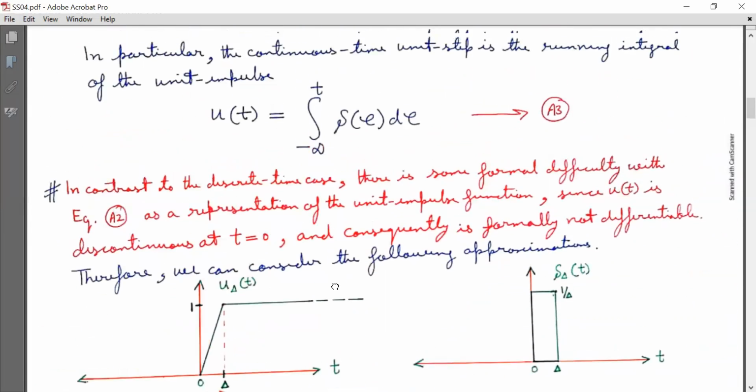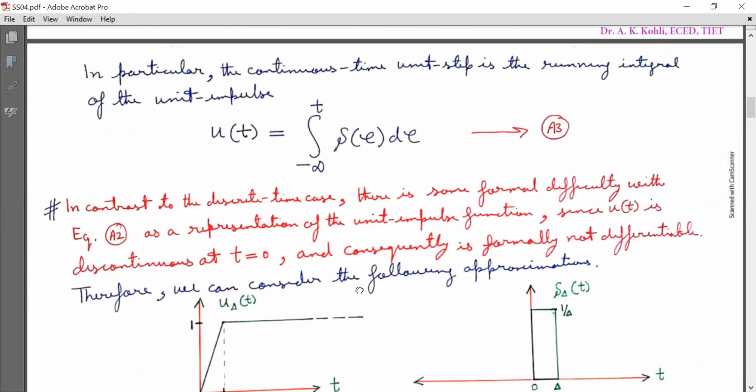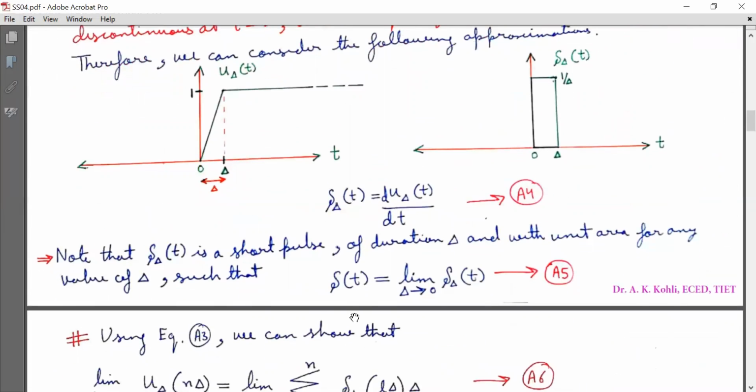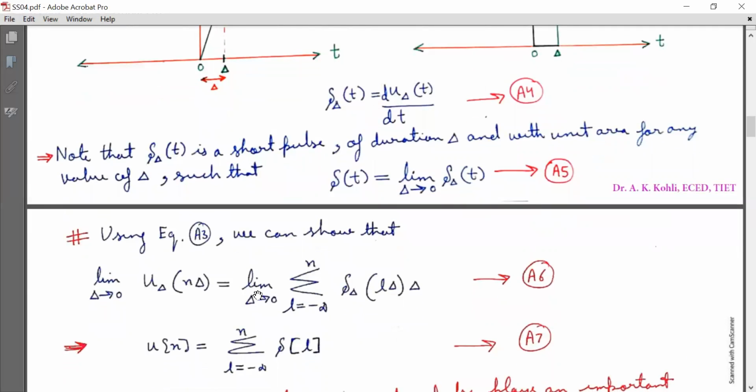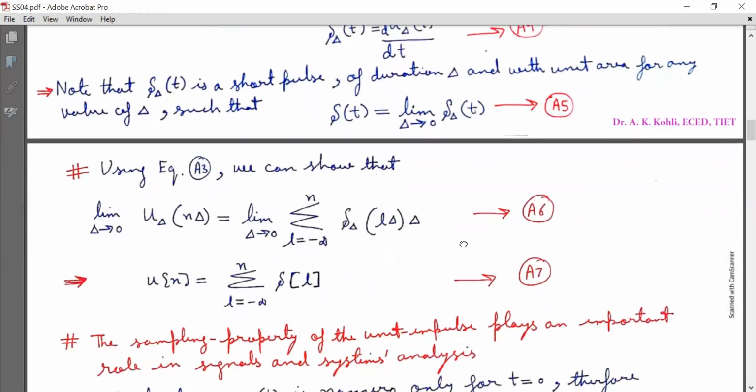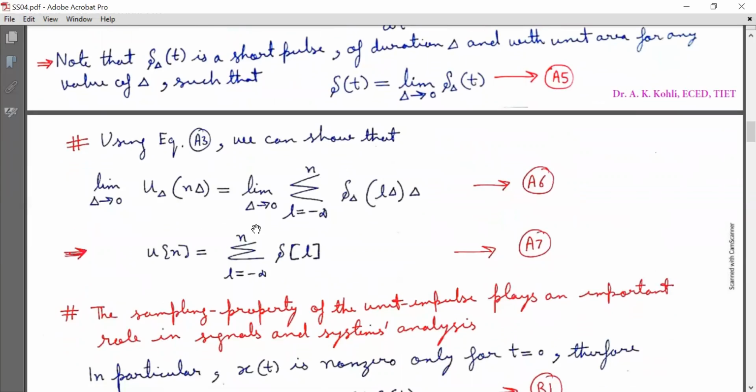So I have represented this integration in summation form with the limit that uppercase delta tends to 0. Mark it as equation A6. Now, invoking the limit, I can represent it as u[n] equal to the summation, L running from minus infinity to n, of delta[L]. Mark it as equation A7.